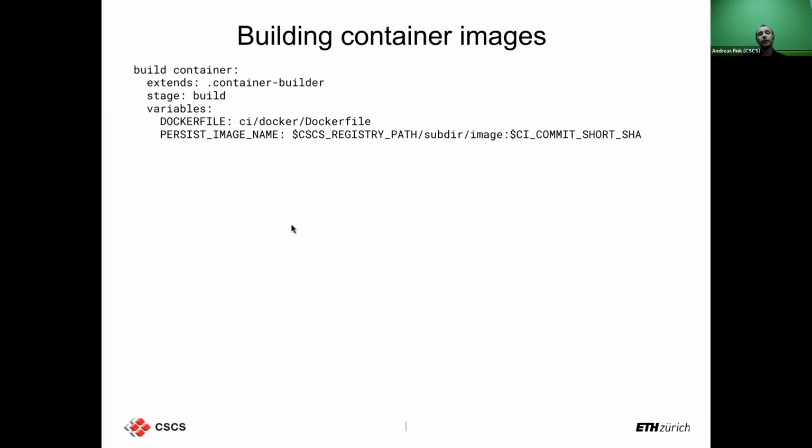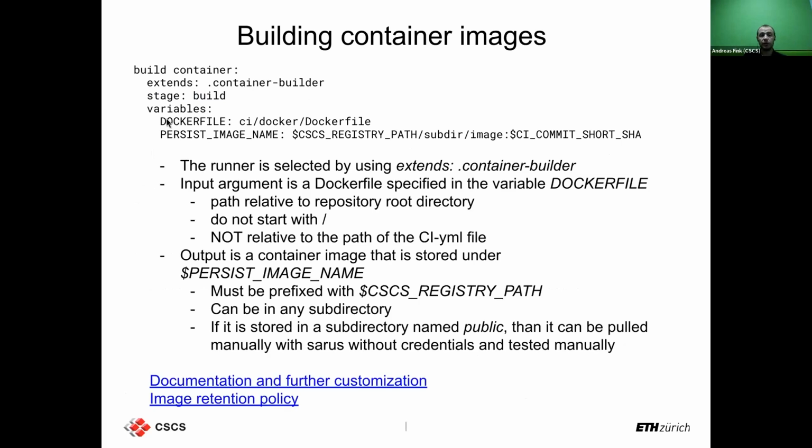For building container images, there is the container builder runner. Basically, you have to specify extends container builder. You put it in the stage, as I said, and it has two variables. There is the Dockerfile, which says where the Dockerfile is inside your repository, and you have to give it a name.